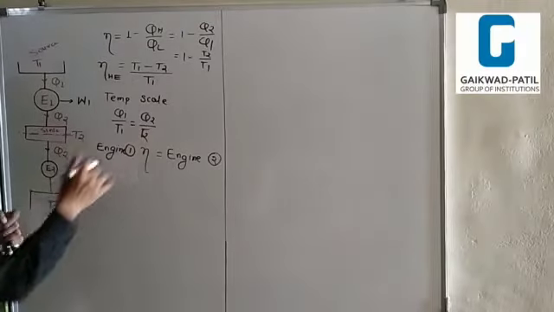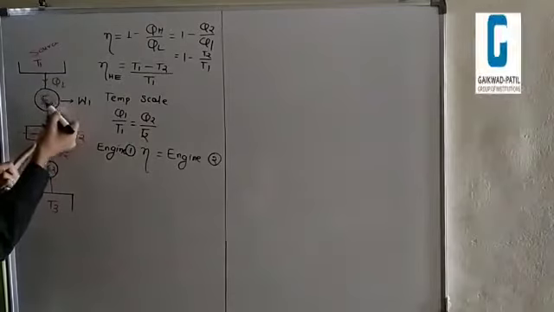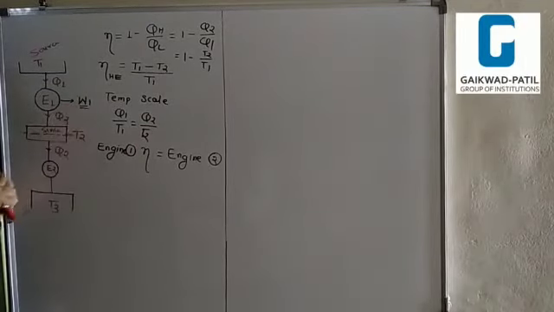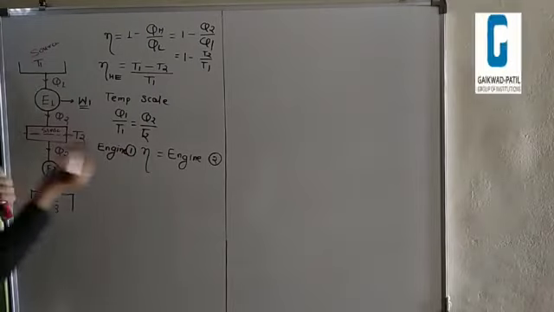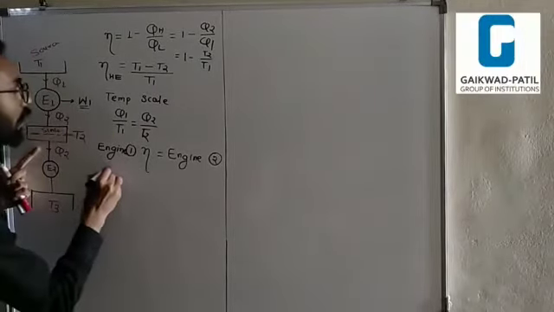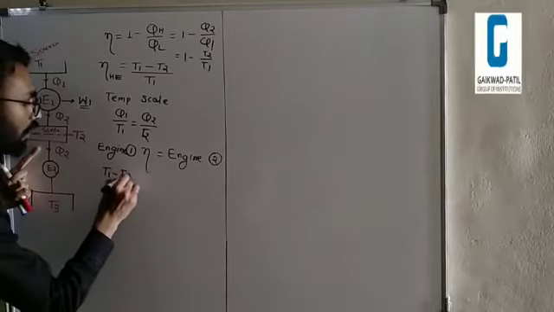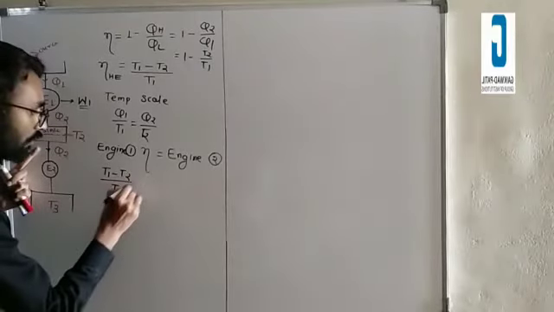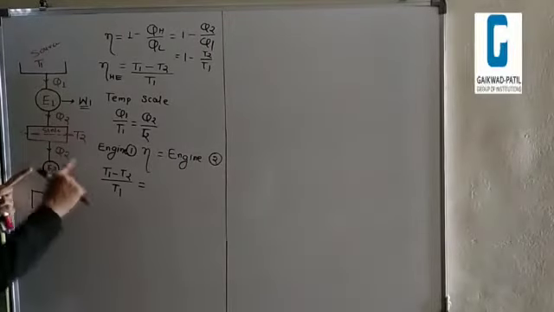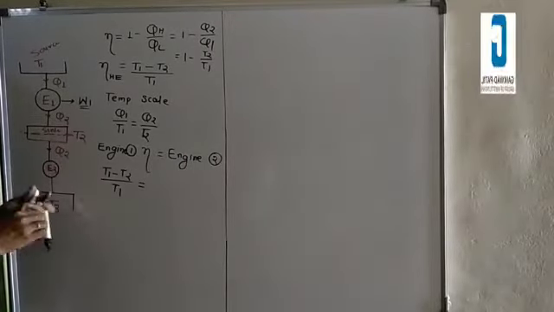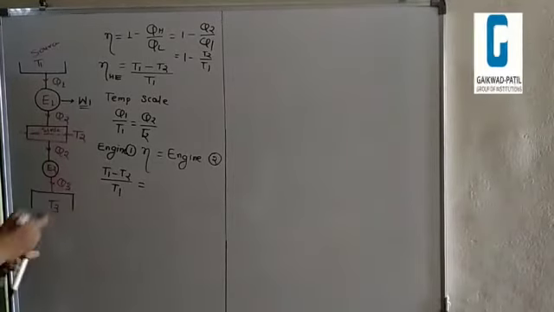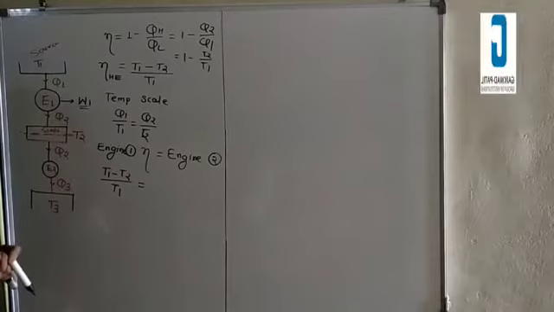Engine number 1 works between temperature T1 and temperature T2 and produces work W1. You can write T1 minus T2 over T1 is equal to the efficiency of engine number 2. Engine number 2 is supplied heat Q2 and rejects heat Q3.